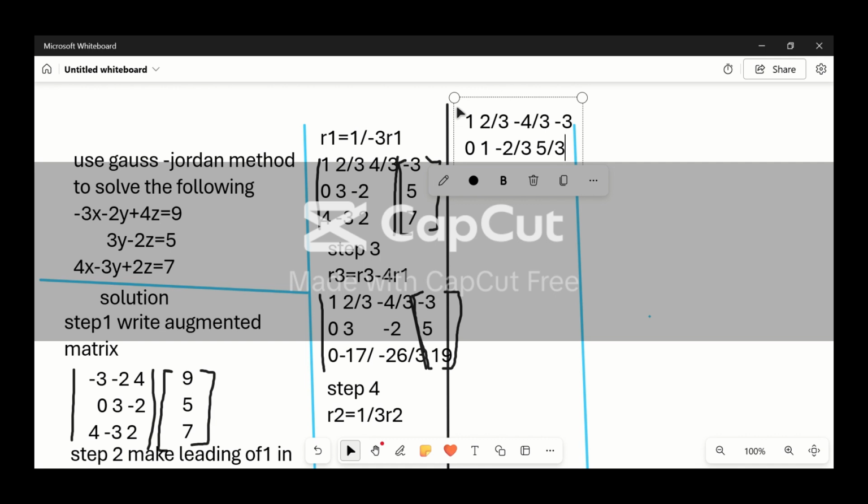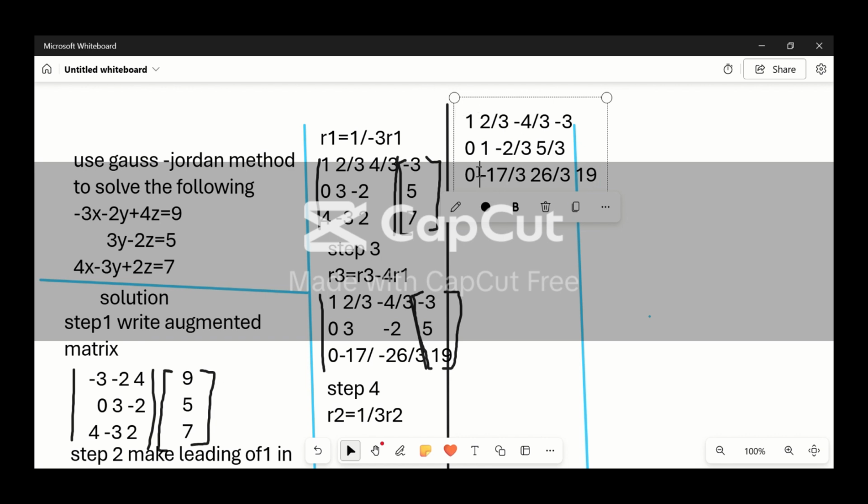For the third row we have 0 and negative 17 out of 3, and also 26 out of 3. For the last part here, we have 19 as usual. So this is how it looks like.